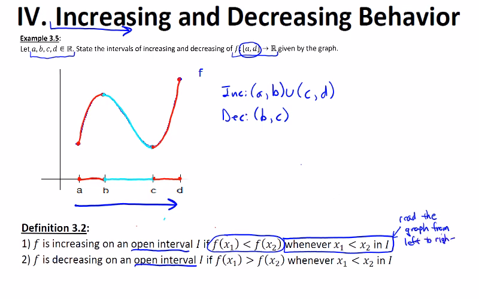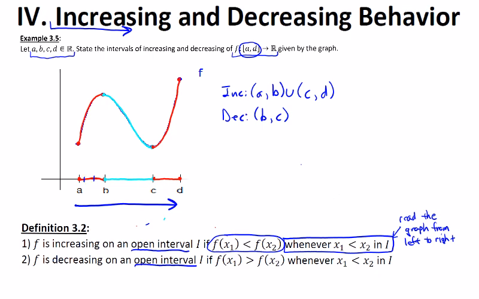So I'm going to illustrate the way that this definition is applied to our example 3.5. We agree that a to b is an increasing interval. So according to this definition, I should be able to pick two x values in that interval. I'm going to pick this x value and this x value right here.